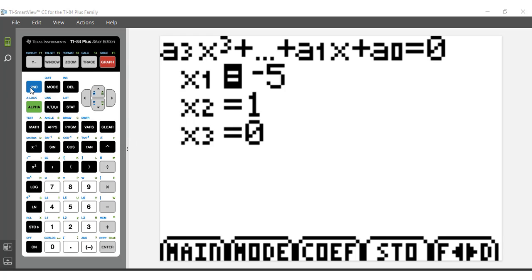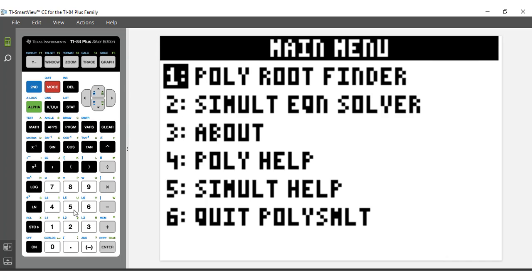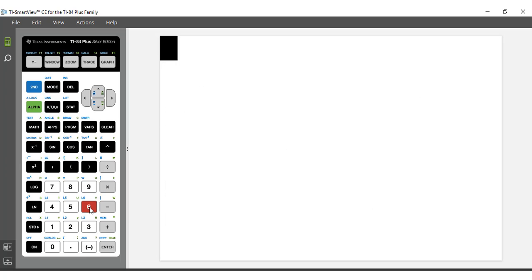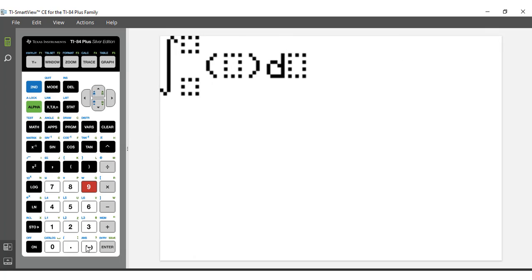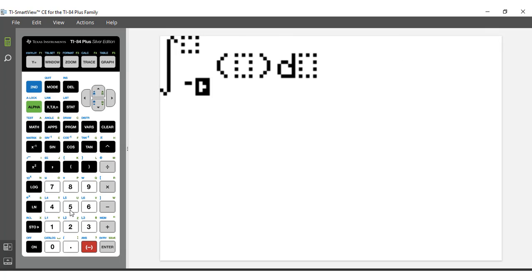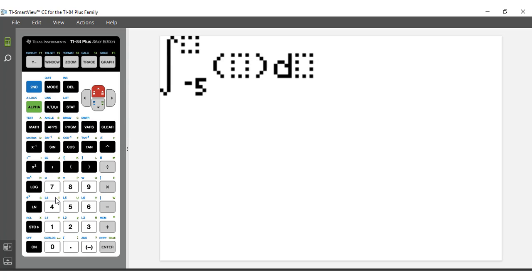Therefore, we go back here, second mode. Go to 6, quit. Then go to math, 9. This will be from negative 5 to 1.